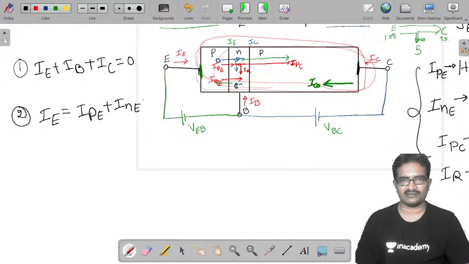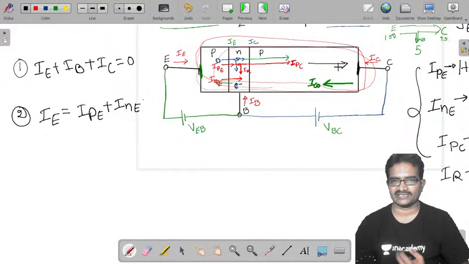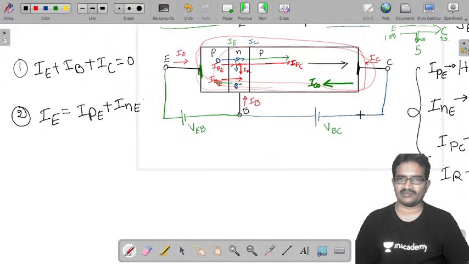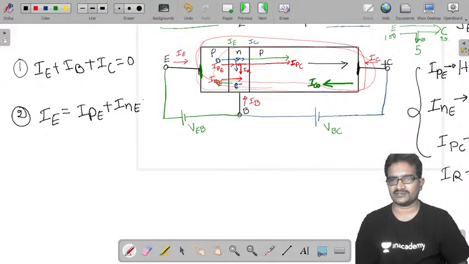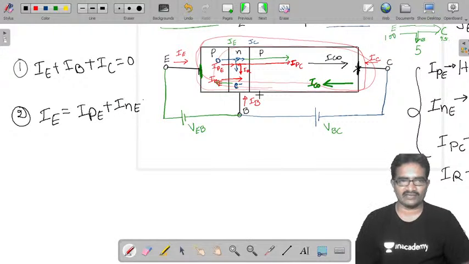And the third one, I am applying KCL at the collector terminal. Towards the collector terminal IPC is there. Away from the collector terminal IC naught is there. Similarly, towards the collector region, IC is there. Now IC and IPC are both entering this point and IC naught is leaving.